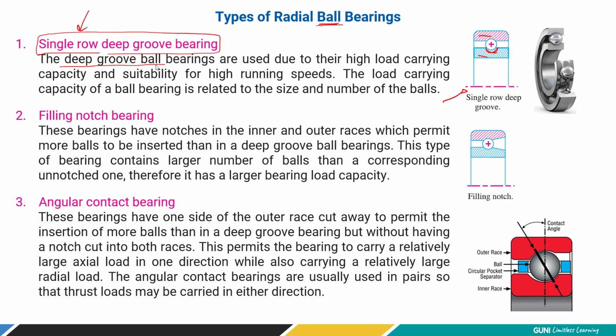The deep groove ball bearings are used due to their high load carrying capacity, and suitability for high running speed. So if you have two requirements, a good running speed and load carrying capacity, then you can prefer this kind of single row deep groove bearing.